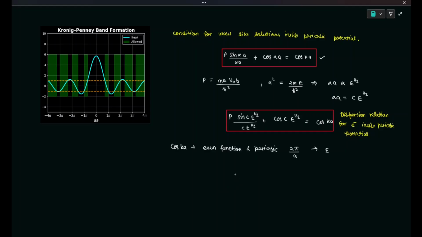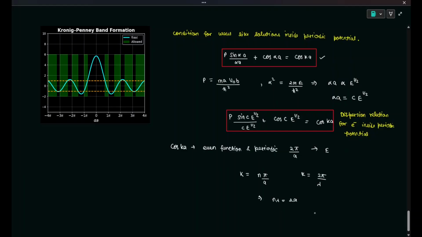You have seen that there were discontinuities in the dispersion curve for the values of k equal to n pi by a, where n is a positive or negative integer. But also, since k is a wave vector, its value is 2 pi by lambda. If you compare this, then you will get n lambda equal to 2a.